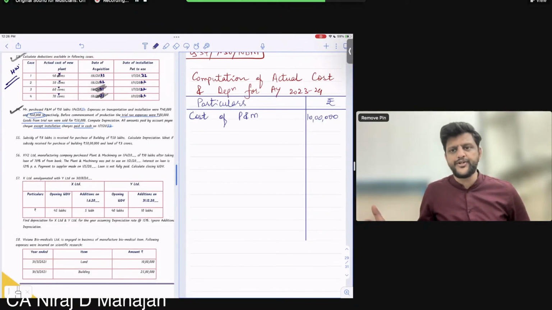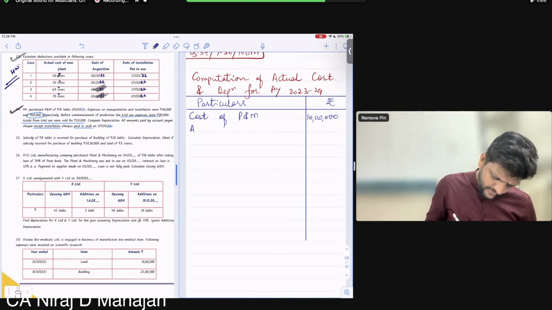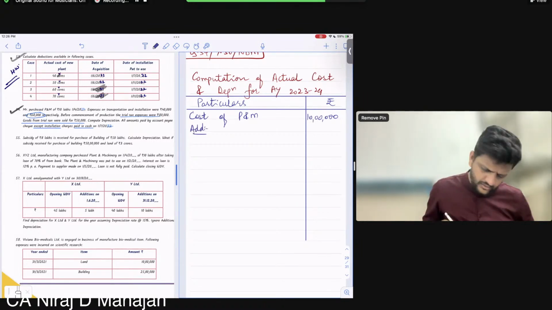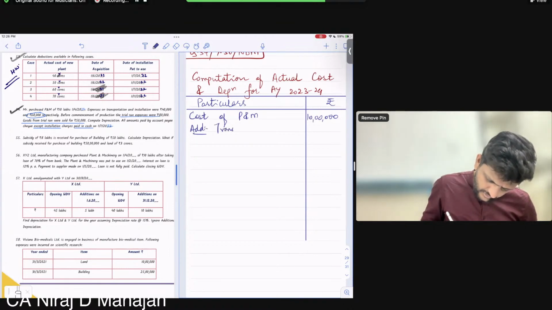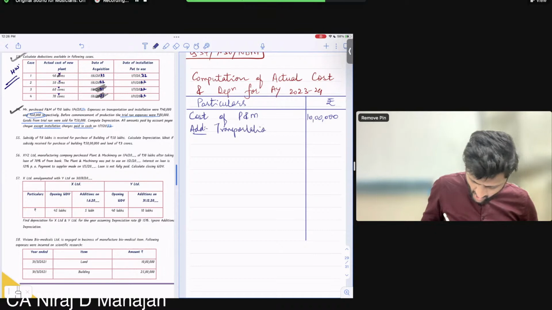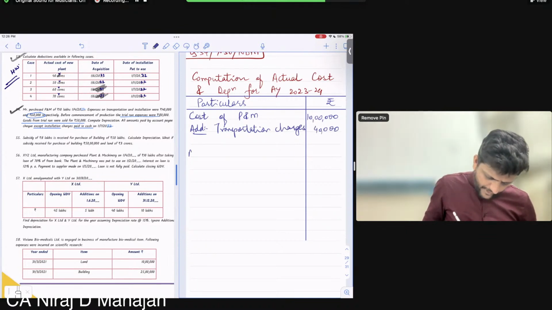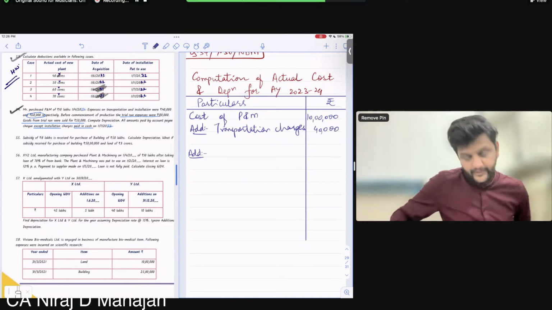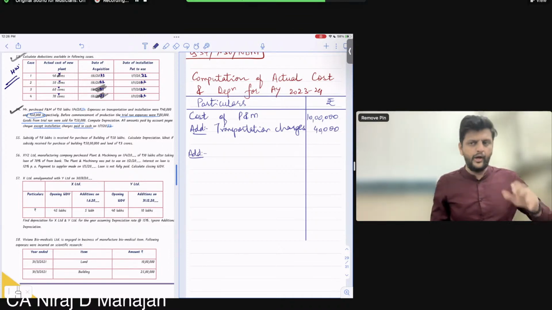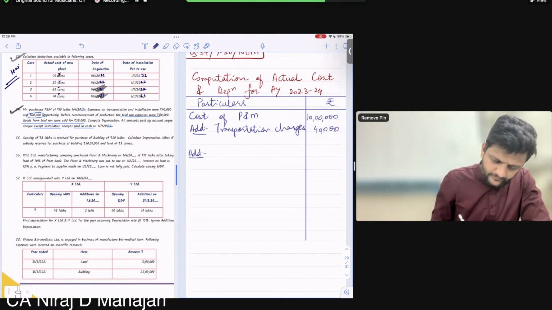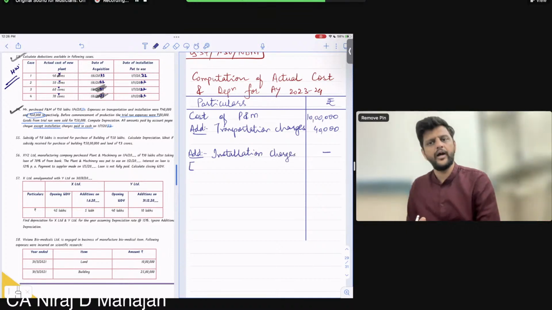Can I add transportation or no? Yes. So, add transportation charges. How much? 40,000. I'm writing here add installation charges, and in outer column I'll write dash. Okay. Now why not allowed?